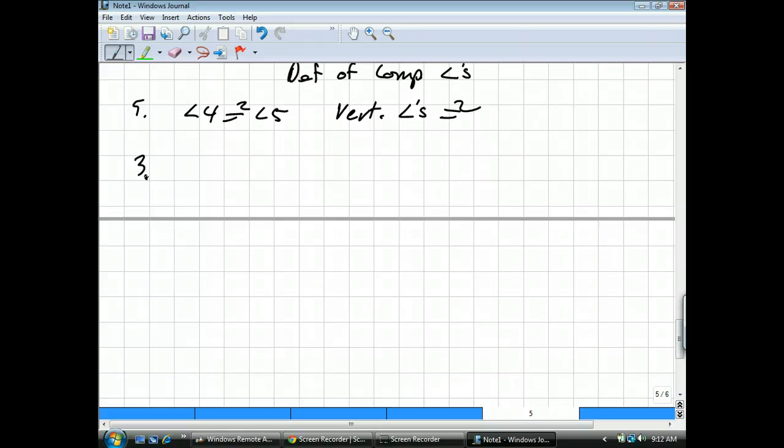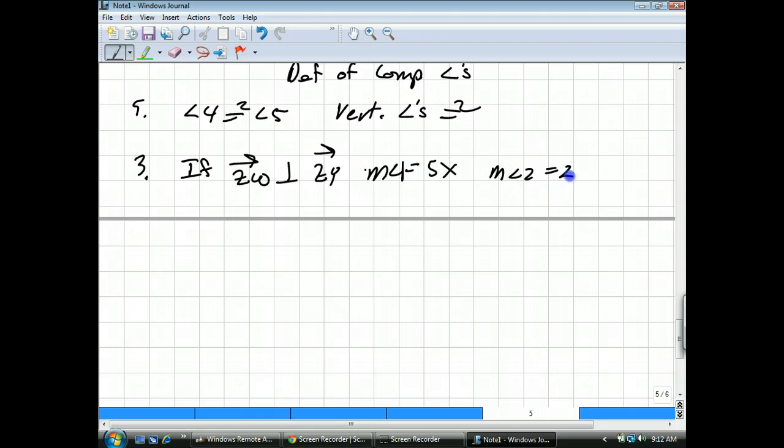Okay. If ray ZW is perpendicular to ray ZY, and measure of angle 1 equals 5x, and measure of angle 2 equals 2x minus 1, find the value of x.